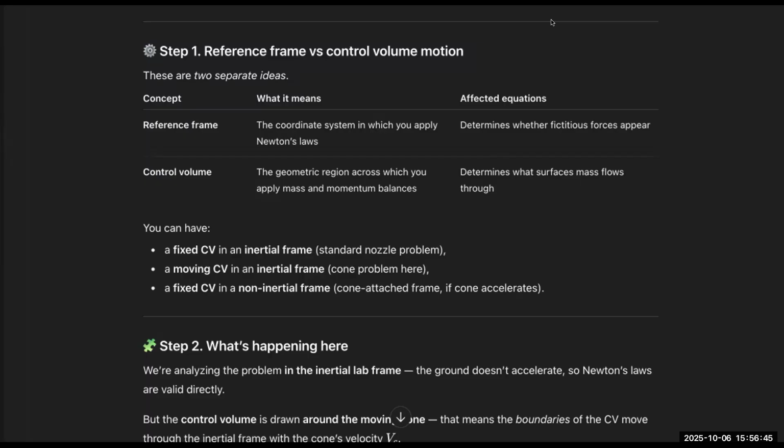The key difference is to recognize the two separate ideas: a reference frame concept and a control volume concept. The reference frame is the coordinate system in which we apply Newton's laws, and it determines whether fictitious forces appear. The control volume is the geometric region across which you apply mass and momentum balances, and it determines what surfaces mass flows through.